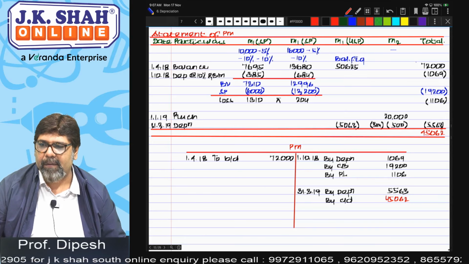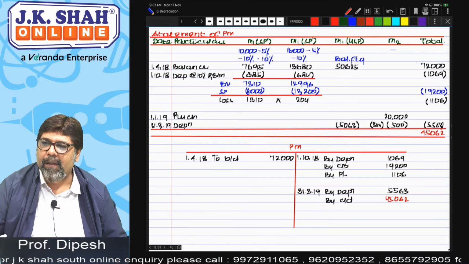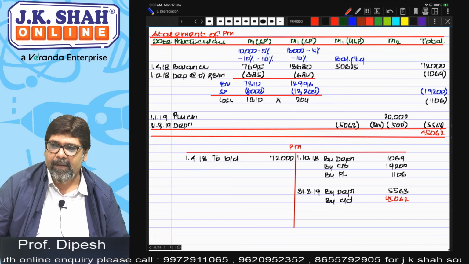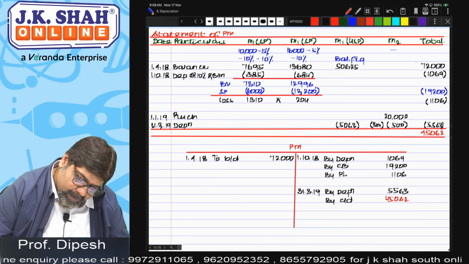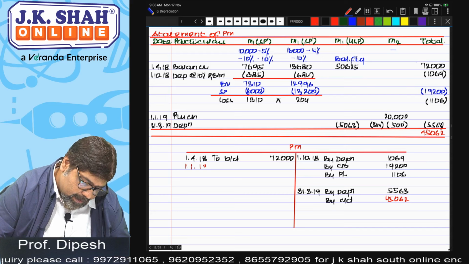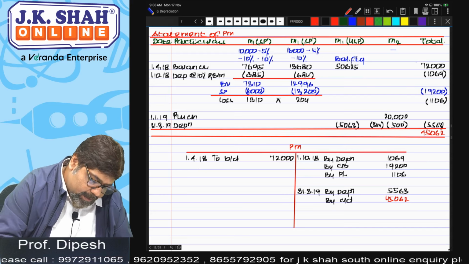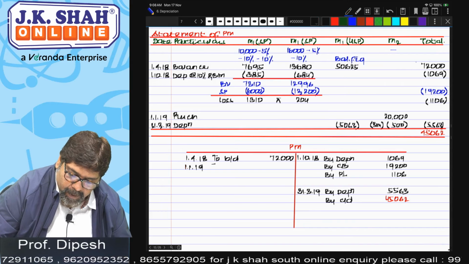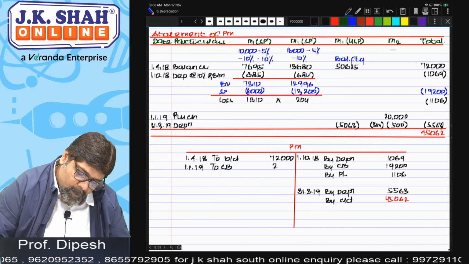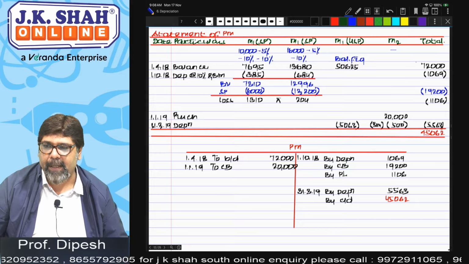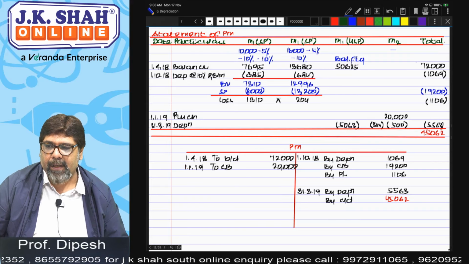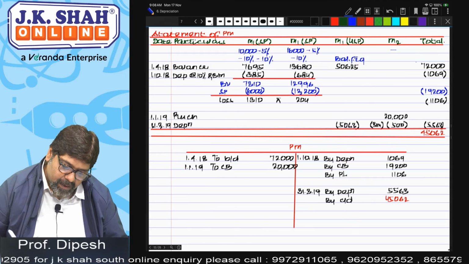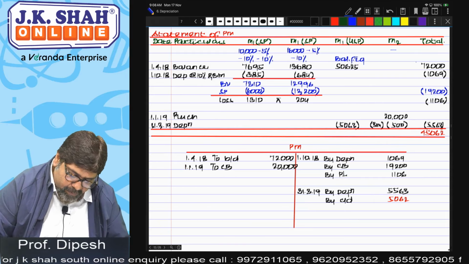Now, 65062. We have purchased an asset also, to cash bank 20,000. Correct? Acha, 65062.